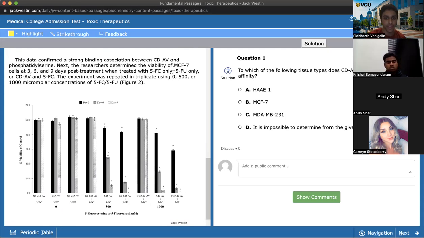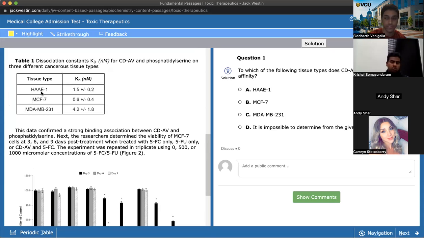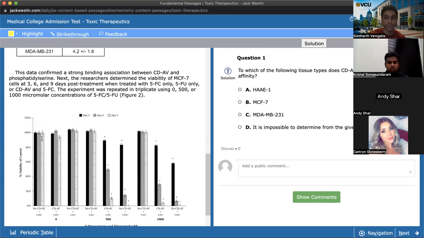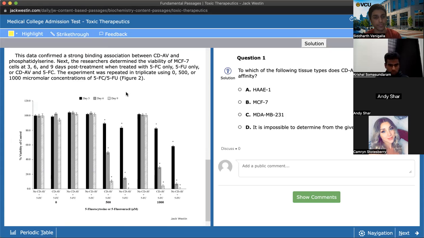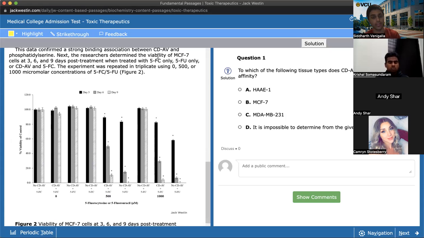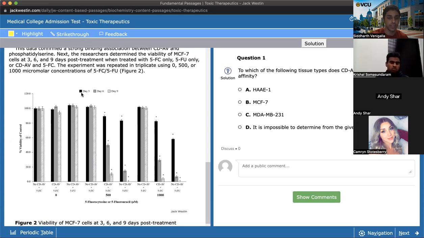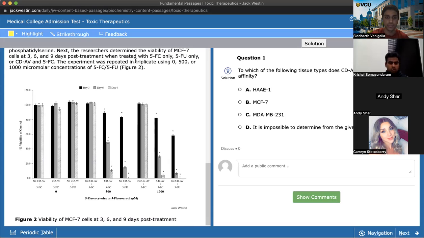So they determined the viability of one of the cancer tissue types, the MCF7 cells. We're trying to measure the viability of the MCF7 cells at 3, 6, and 9 days post-treatment, right? And we use 3 different treatment conditions: 5-FC only, 5-FU only, or CD-AV and 5-FC. It says it was repeated in triplicate.